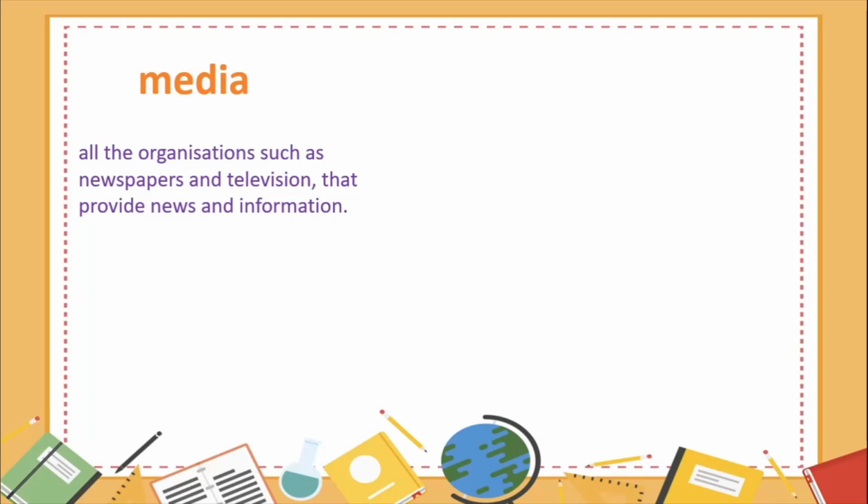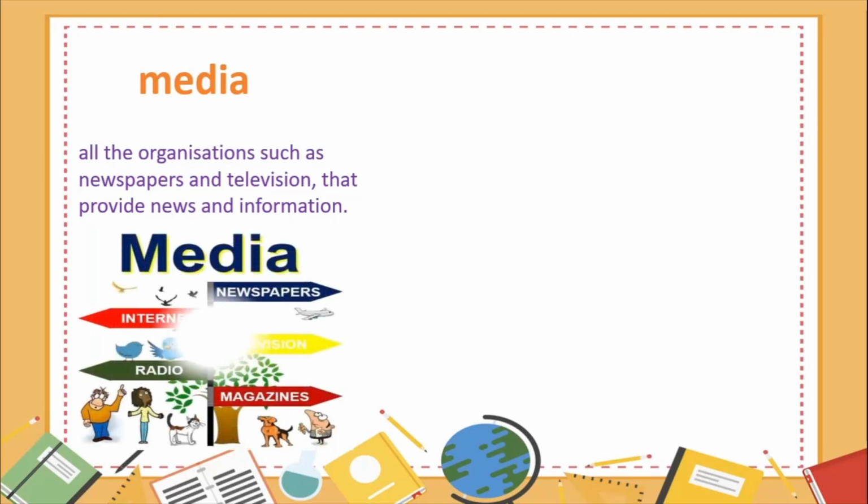So from any place from which you can get news and information is called media. So see, these are all the different examples or sources of media. So you have internet, radio, newspapers, televisions, magazines, all these are the different examples of media. You can get information from all these sources, isn't it? So these are all examples of media.